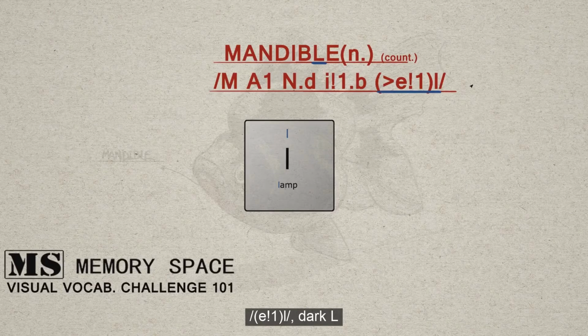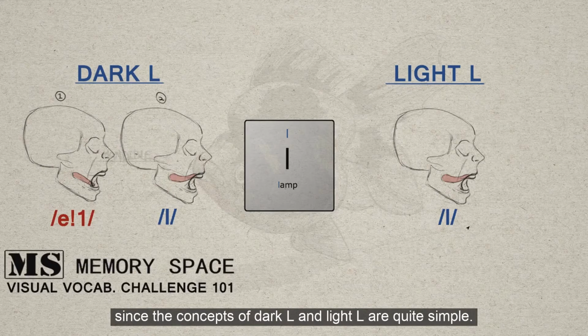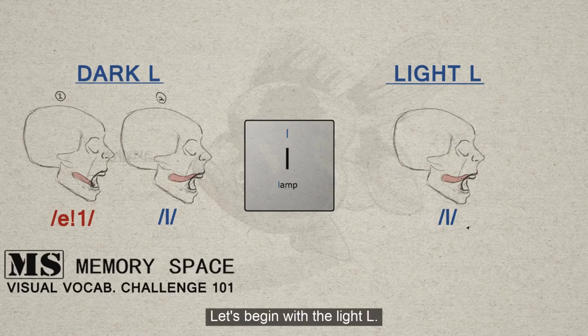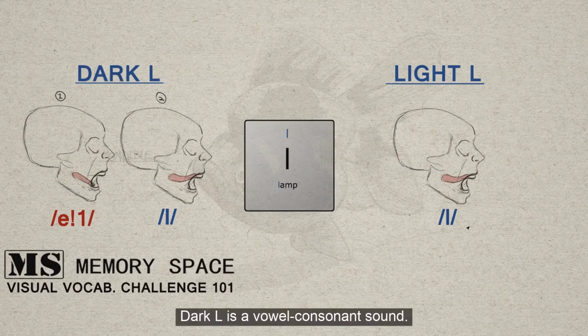Dark L. I'm not trying to say something to scare you guys, since the concepts of dark L and light L are quite simple. Let's begin with the light L. Light L is a consonant sound. We put the tip of the tongue behind the upper teeth and say L. Dark L is a vowel consonant sound.